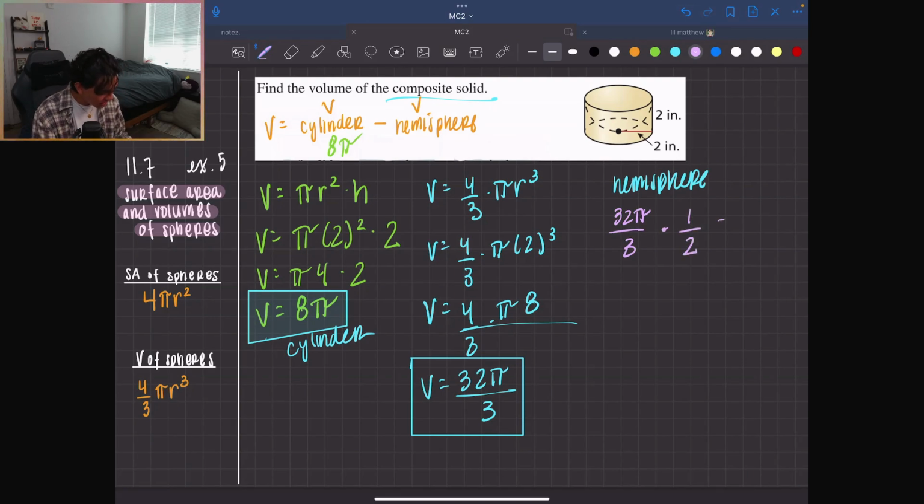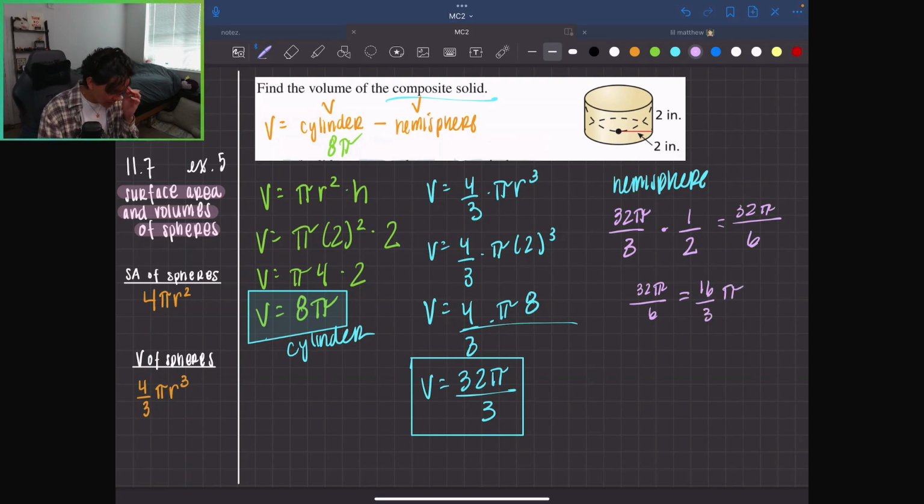That gives 32 pi over 6. Can 6 go into 32? No, it cannot. But we can simplify this fraction. What's half of 32? It's going to be 16 over 3 pi.